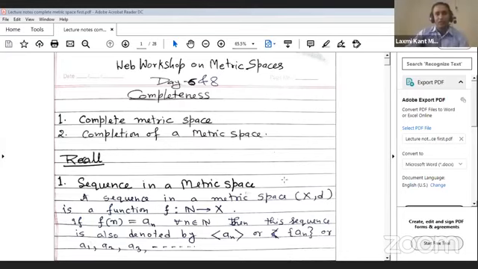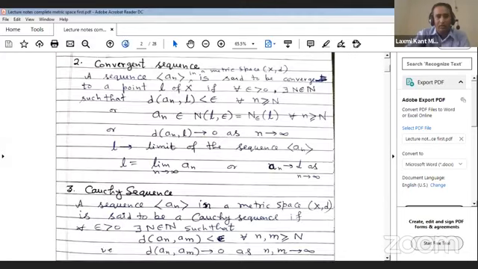Okay, sir. So let me start about completeness. We started from sequences in a metric space, then convergent sequences and Cauchy sequences. It was already done in the previous lecture.